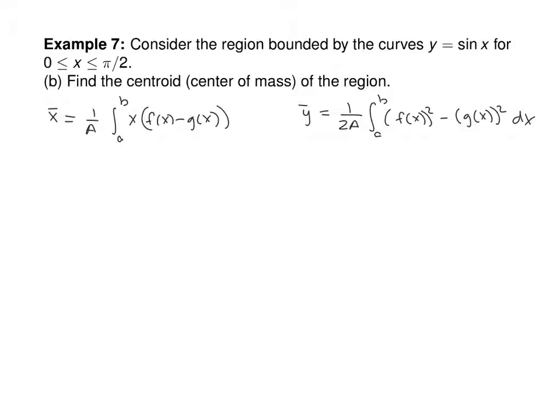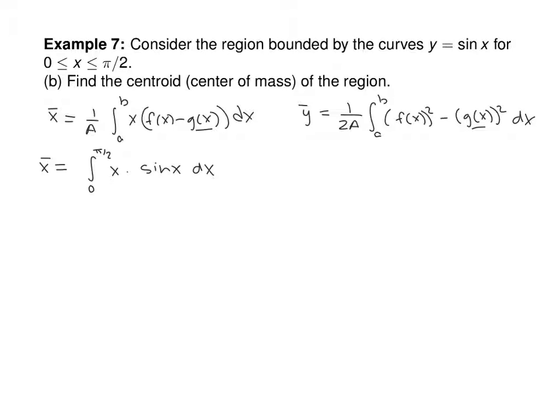And in this case, our g of x function is actually 0. So our x bar will be 1 integral from 0 to pi over 2 x times sine of x.